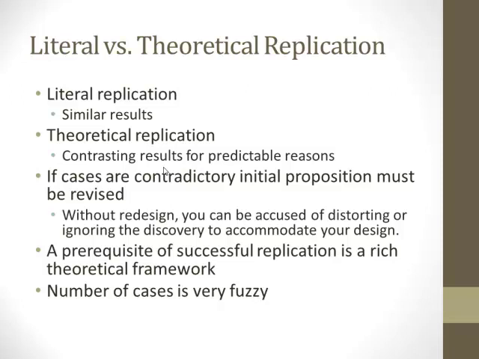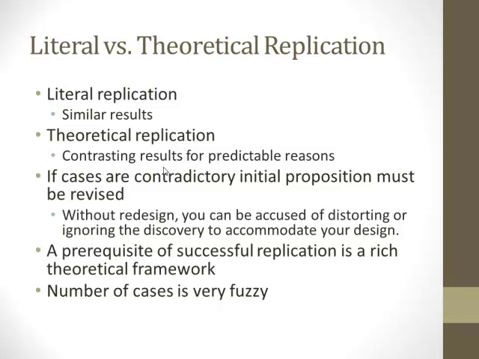A prerequisite of successful replication is a rich theoretical framework. Just like before, concept mapping is everything. We don't know how to replicate or under which conditions to replicate unless we have a good sense of what the theory says. Are people in large cities going to be more unhappy than in small cities?